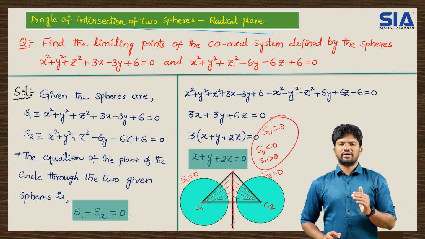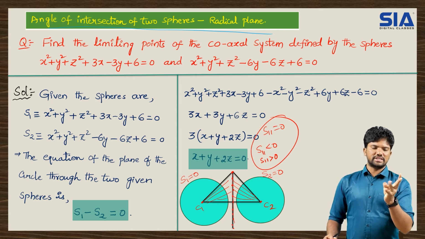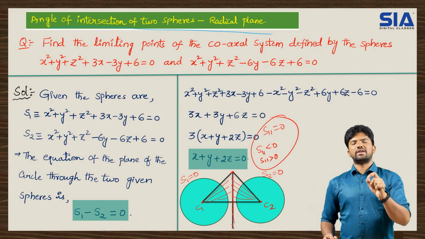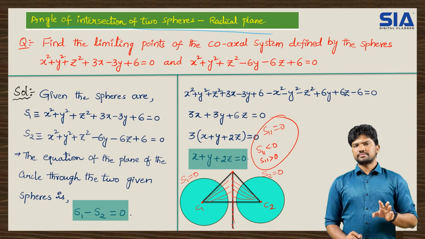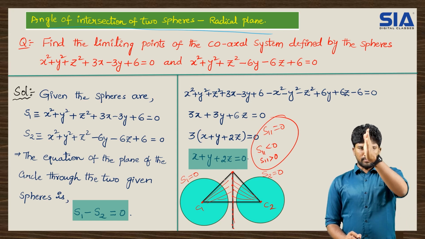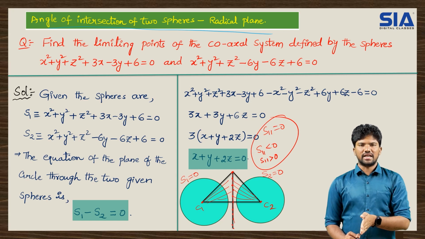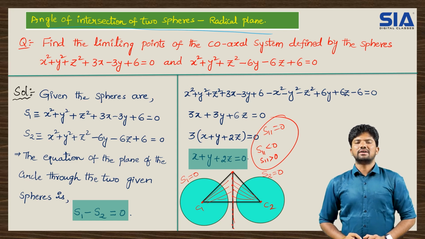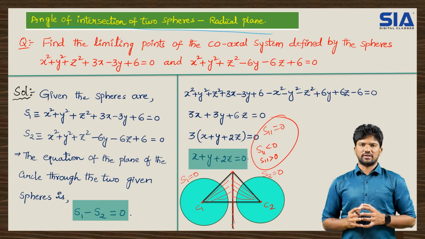If you substitute the given point in the sphere equation, you will get positive, negative, or 0. If the locus of the points having equal power lies on a straight line, that is called the radical plane of the two spheres.